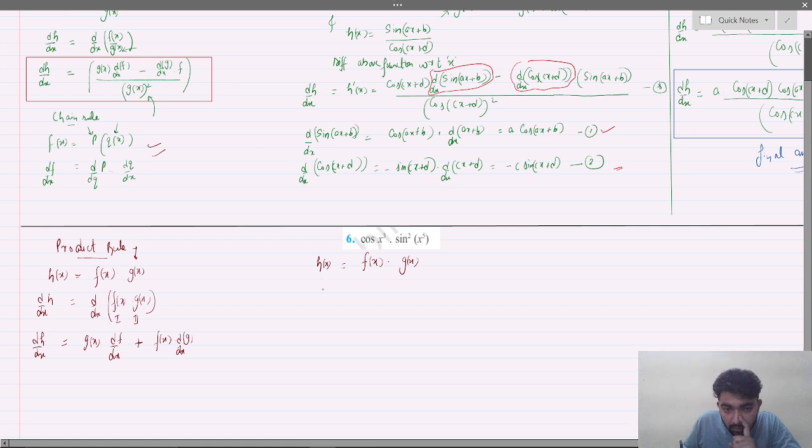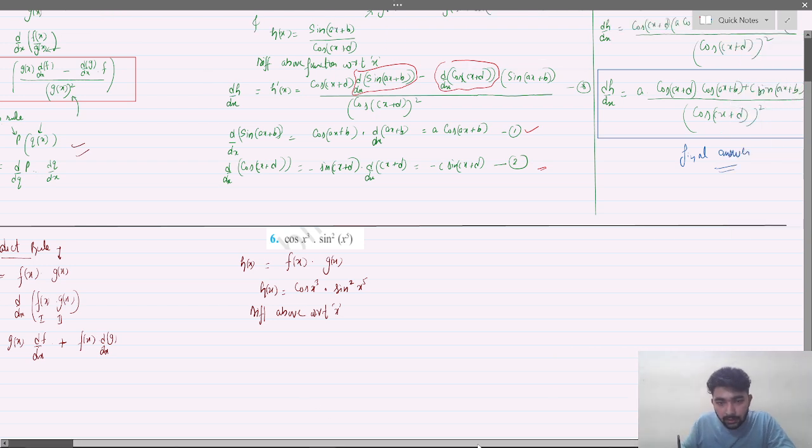Okay, so here you can see, differentiate, I will write here, your h of x is given as cos of x cube into sine square x raised to the power 5. Differentiate the above with respect to x.